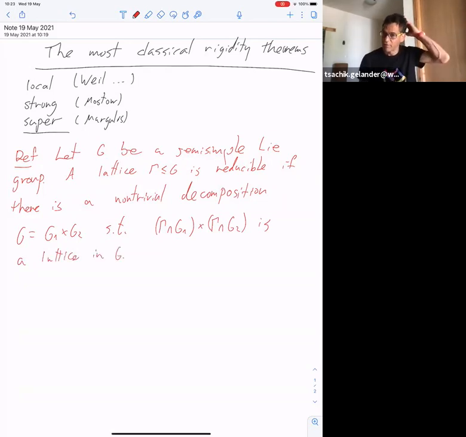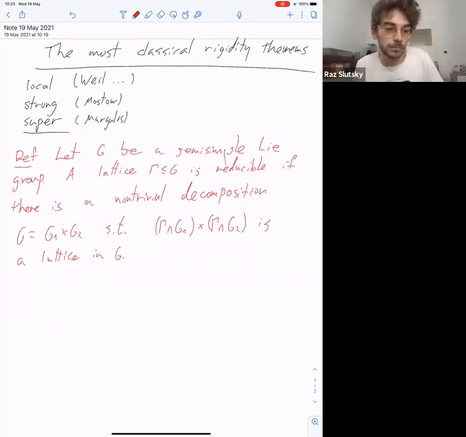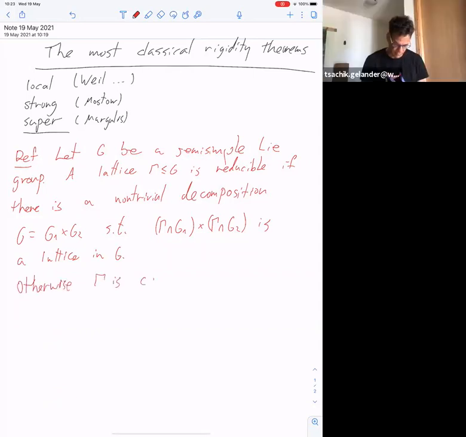If it is a lattice, then it is a finite index subgroup inside gamma. So gamma is commensurable to a product. That's what you say. And otherwise, gamma is called irreducible.